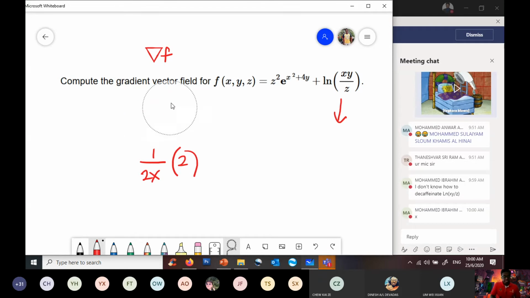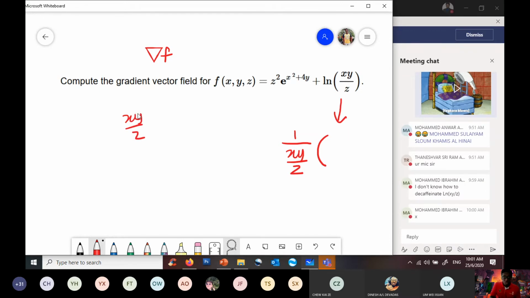So in this case, if I differentiate ln of xy over z, I'm going to get 1 over everything inside. And then I have to multiply by what you get if you differentiate xy over z with respect to x. Now I told you y and z are just constants. So this is like actually differentiating 2x over 5.